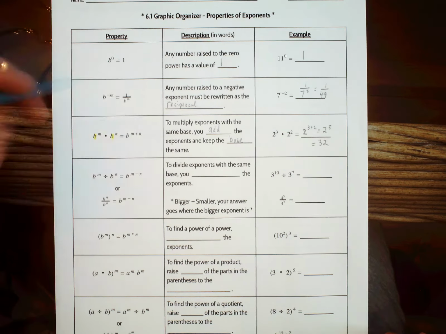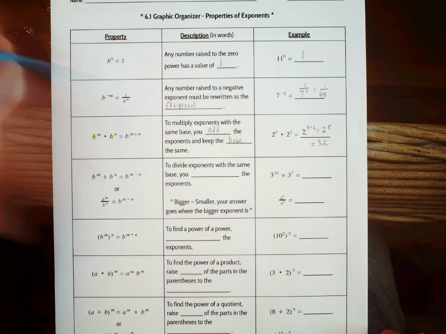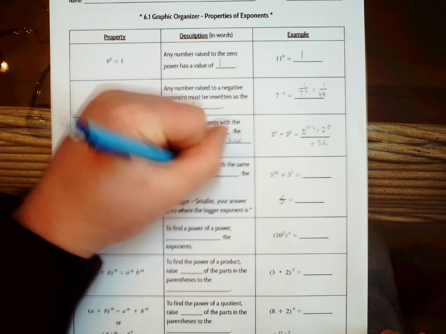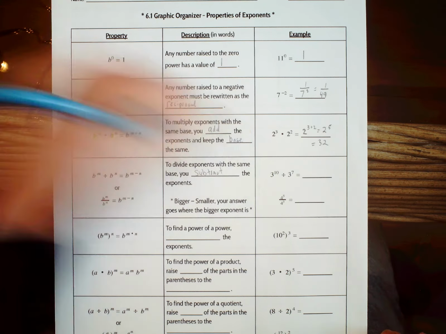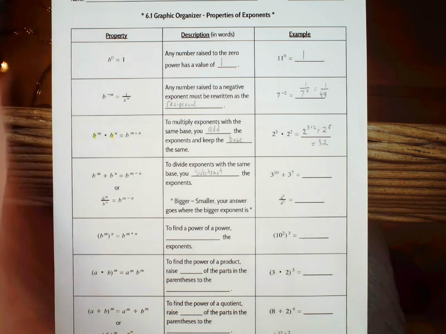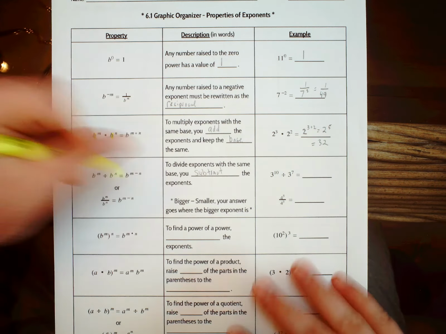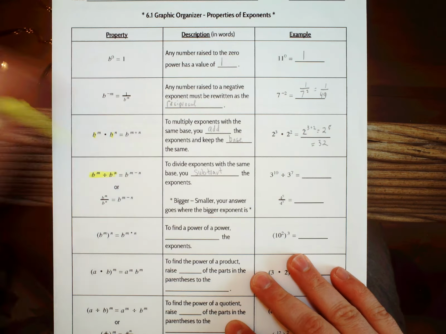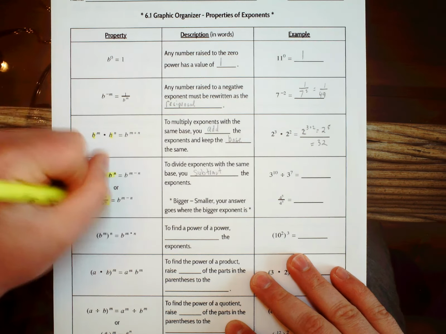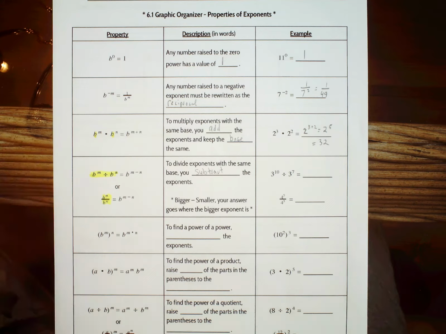Next one here, to divide exponents with the same base, you're not going to add them, you're going to subtract. You're going to subtract the exponents. So here it could be written two different ways, like this or like this. In either case, once you see division, you know to subtract.